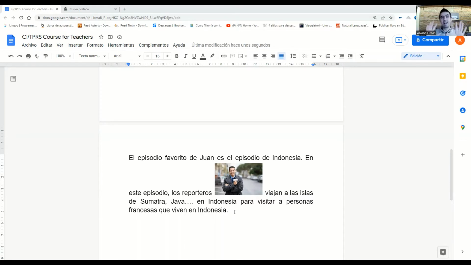In that case, I would use translation, but that's the last resource, if possible. I want you to understand what I'm talking about in Spanish thanks to the context, gestures or images, if possible.